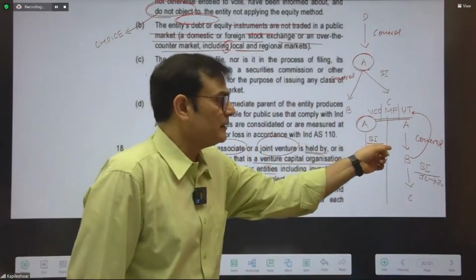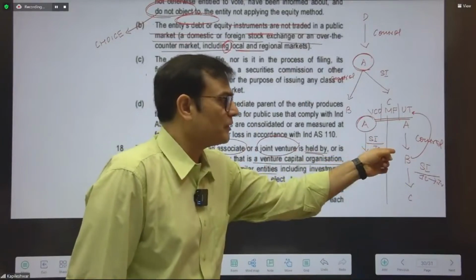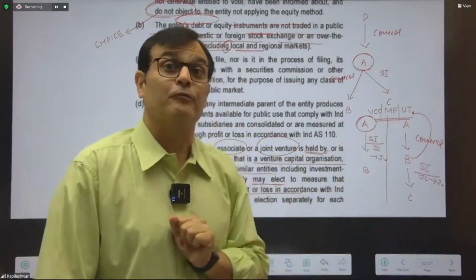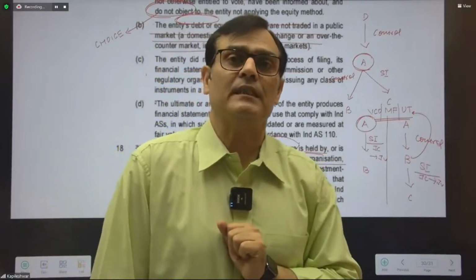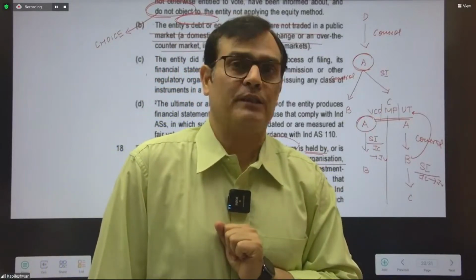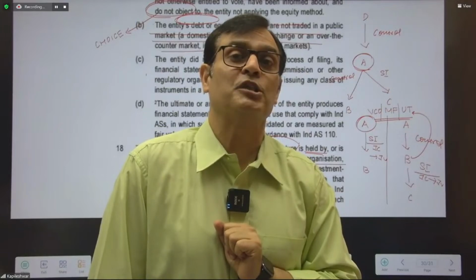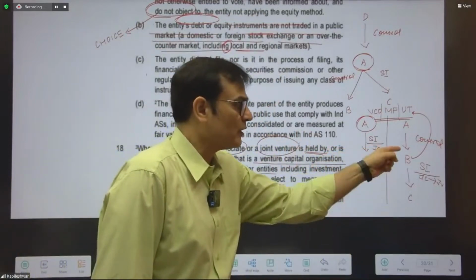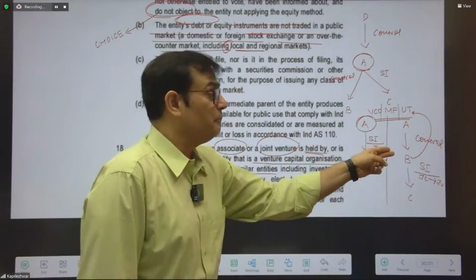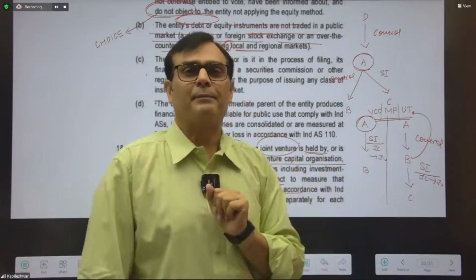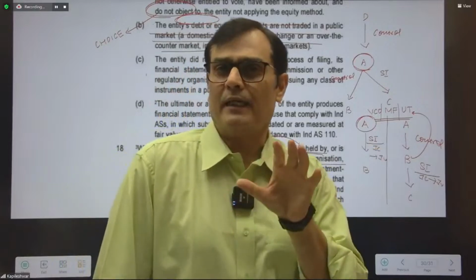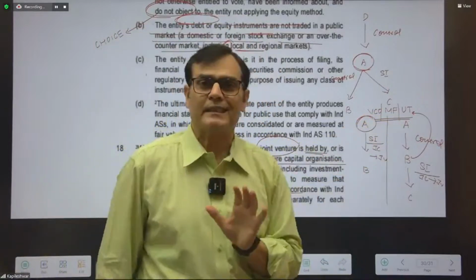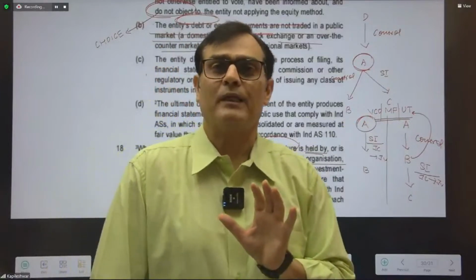So B has got an associate or B has got a joint venture, then A gets a choice if B is a VC, MF, or UT: unit trust, mutual fund, and venture capital. So again, two conditions. B has got an associate or a JV, and B is supposed to be a venture capital, a mutual fund, a unit trust, then I tell A that you've got a choice that you want to consolidate C, apply the equity method, or apply 109.